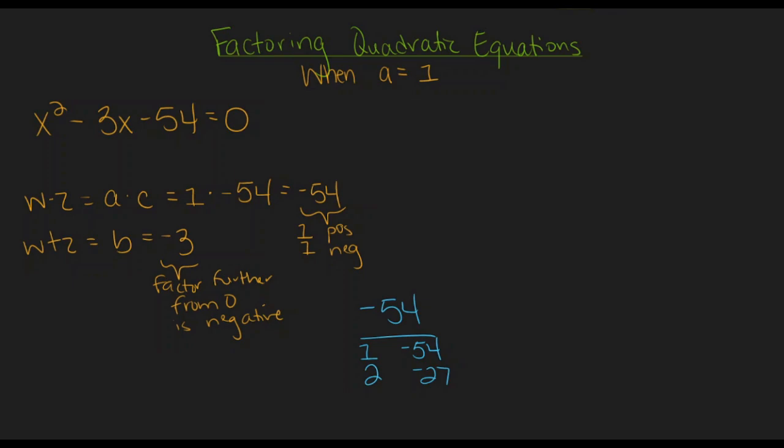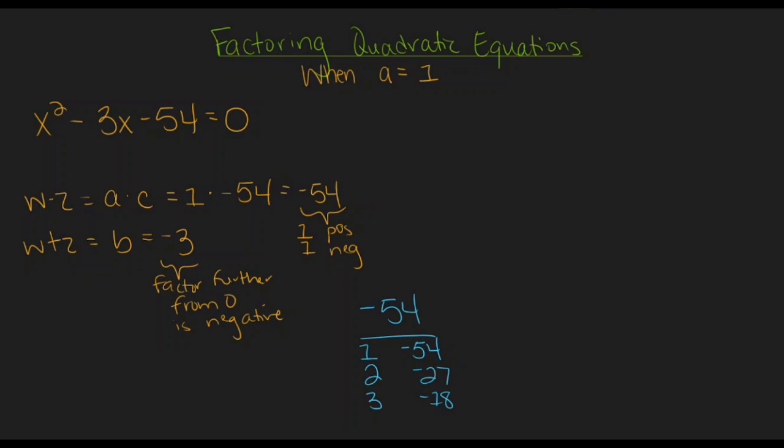Next, I can think about the factor pair of 3 and negative 18. When I add these together, things are still too large, so I have negative 15 instead of just the negative 3 that I'm looking for, so we have to keep going. 54 is not divisible by 4.